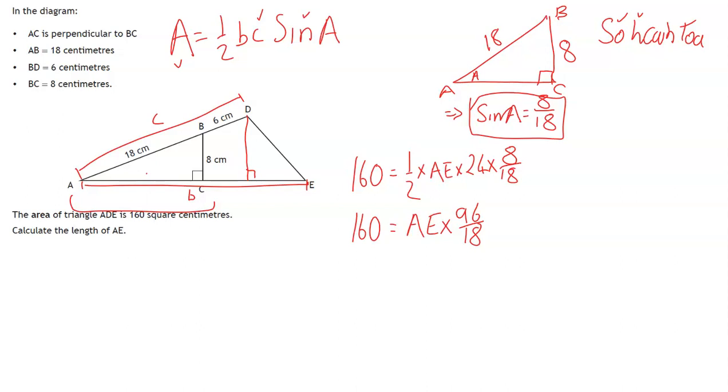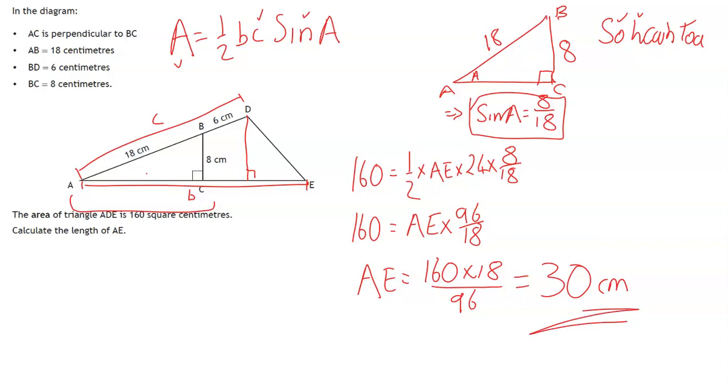So when I flip it, I'll change the multiplication and the division. I could write that AE is then 160 times 18 divided by 96. Just from manipulating that information and those numbers that's gone in. And what that'll tell me, once I do it, is that the AE, that side, is equal to 30 centimetres. That's what I get as my final answer to that one.